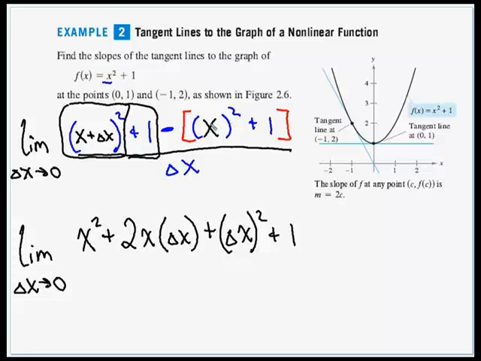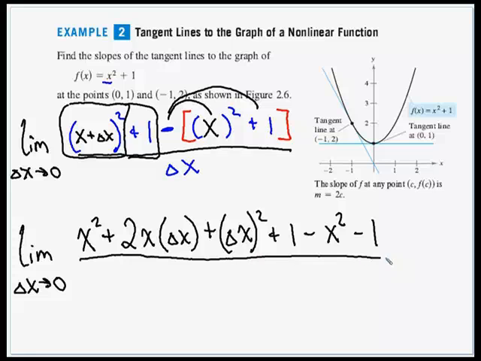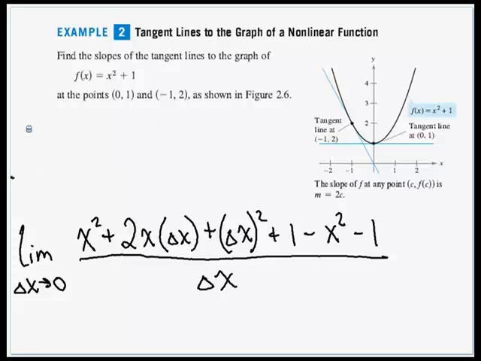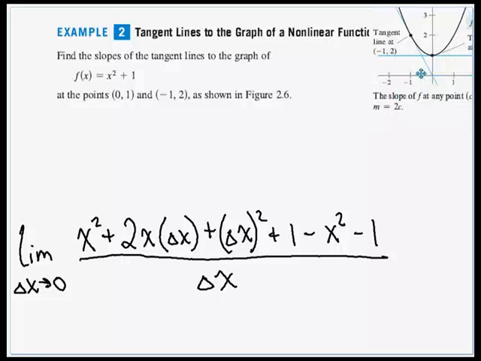Now this second part is a little easier. This is just x squared plus 1. But remember, we are in the brackets. In those red brackets, we'll distribute that negative. So when we distribute there, we're going to have a negative x squared, and then a minus 1. And that's just our numerator. We have our big dividing line, and delta x is our denominator. All right, now let's check out that numerator and simplify as much as we can.